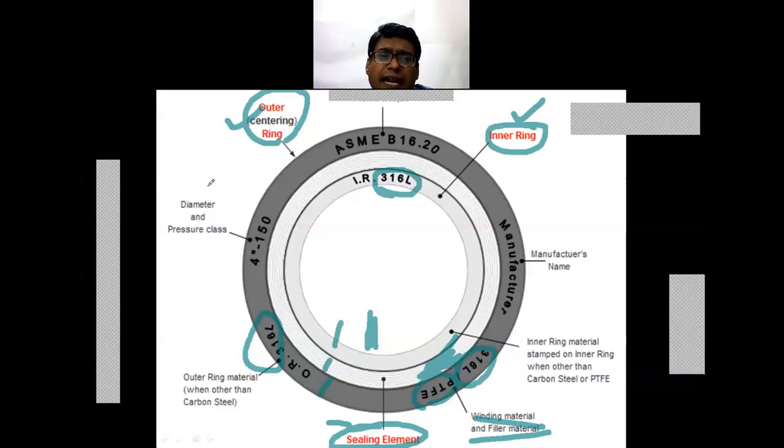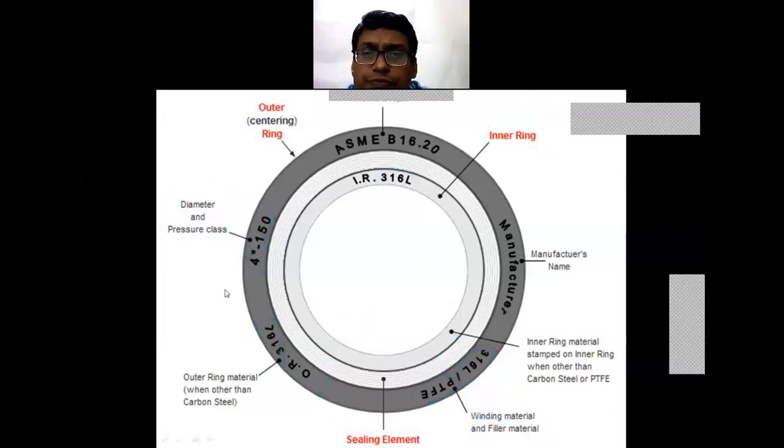Besides that, the diameter and the pressure class are also mentioned on standard gaskets. So this is a 4-inch gasket, and it can be used up to class 150. That is the pressure rating that has been mentioned. So these are the different specifications related to the gasket.